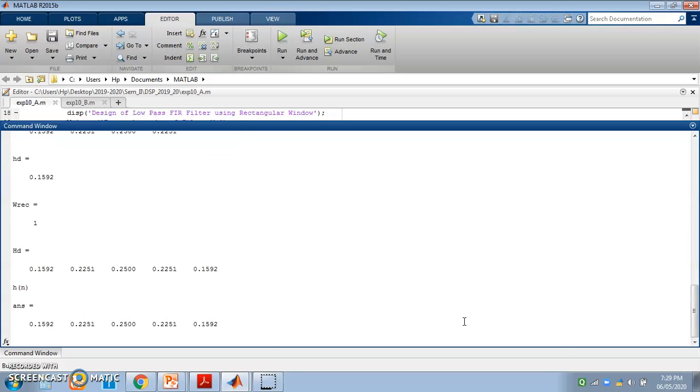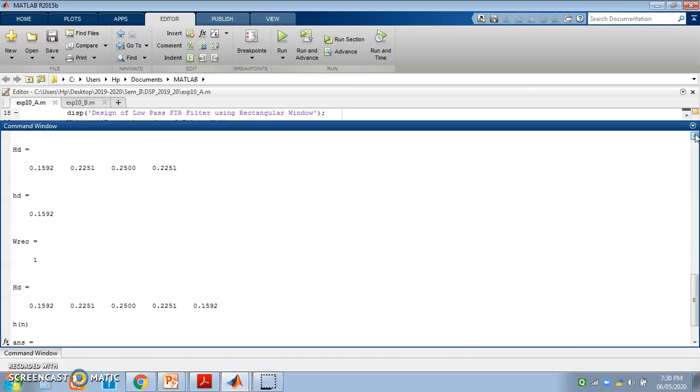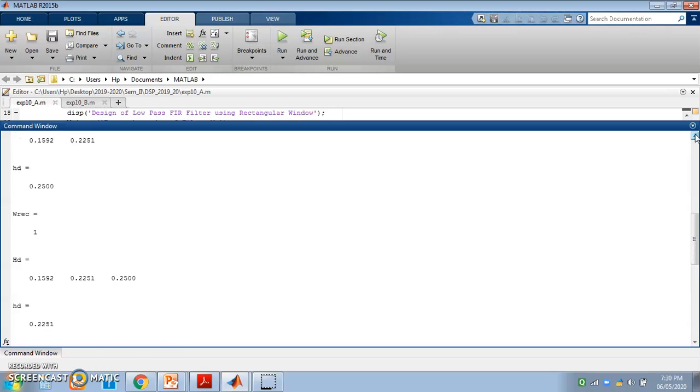So once we run this code, in this case we have the different values of HD of n and HD of omega. If we consider the for loop solution over here, we have HD of n equal to 0.1592, and every time the rectangular window has value 1, so my desired impulse response is this rectangular window value into HD of n, and this is nothing but 0.1592.